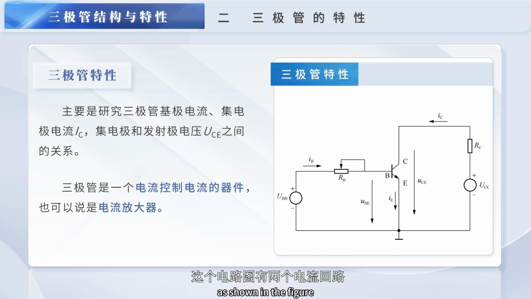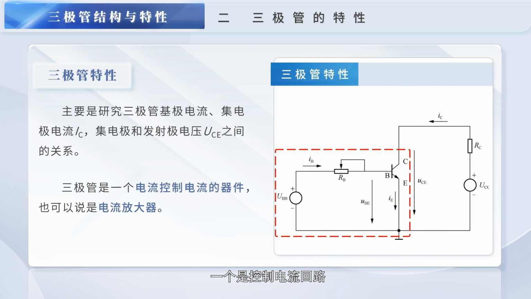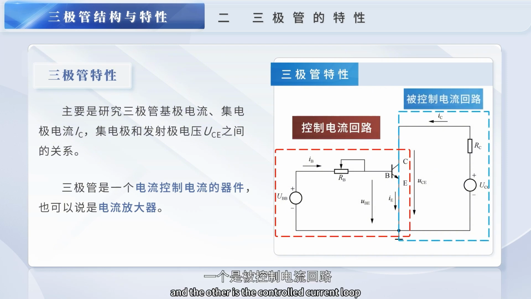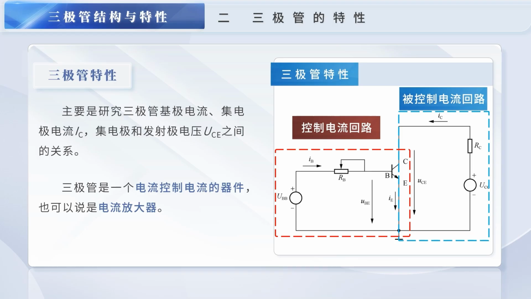As shown in the figure, this circuit diagram has two circuit loops. One is the control current loop, and the other is the controlled current loop.